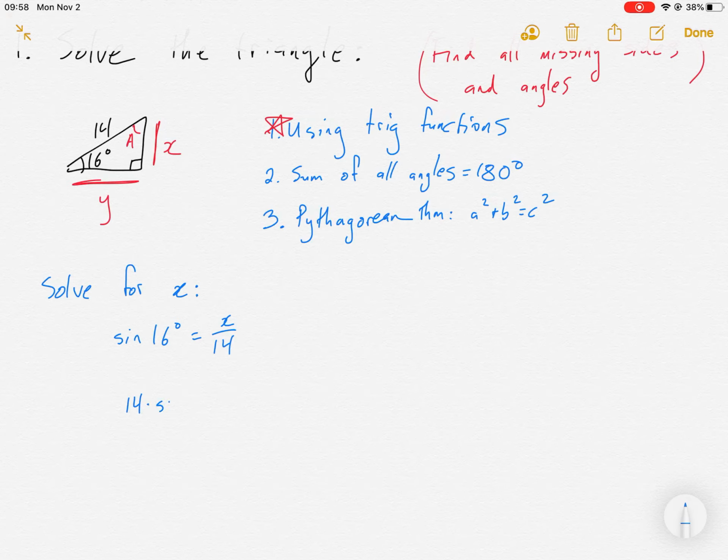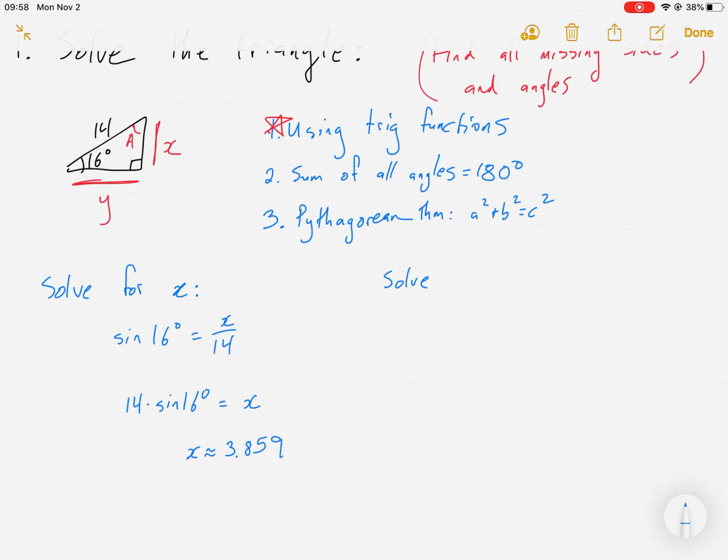So 14 times sine of 16 degrees should give me x. So I'm going to plug that into my calculator. And I get about 3.85 and some other stuff. So let's round to 3 decimal places. Let's say it's 3.859.